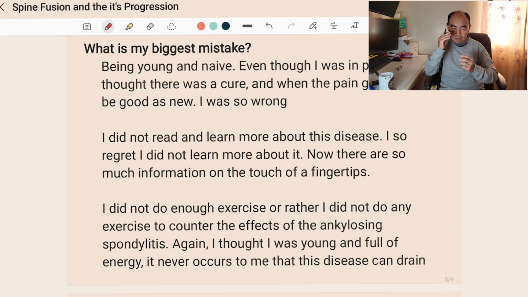I was focused on just taking painkillers, and when I wasn't in pain, I'd do whatever I needed to do, not thinking about how much damage it does in the long run. If I could go back in time, definitely these are things that I need to know.